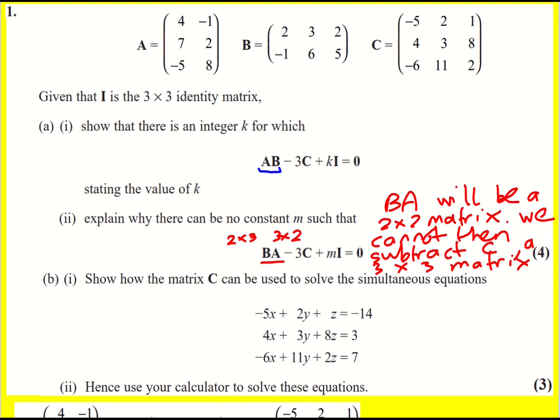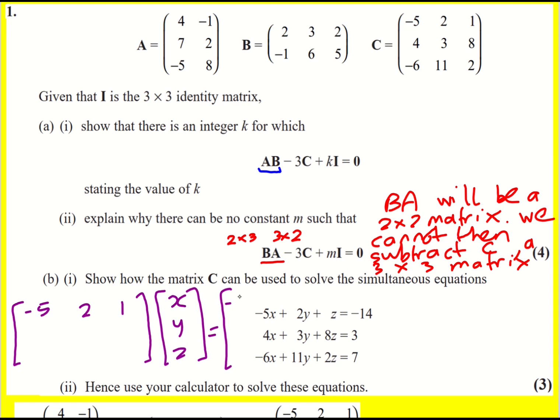Finally, we're asked to show how the matrix C can be used to solve this simultaneous equation. Well, we can rewrite these 3 simultaneous equations in matrix form, because I've got minus 5x plus 2y plus z. That can be written as this row and column.